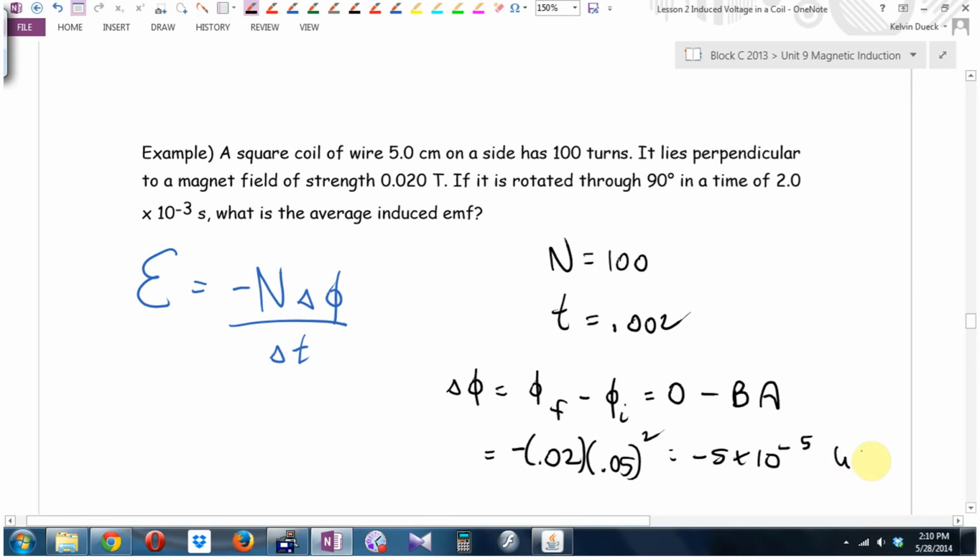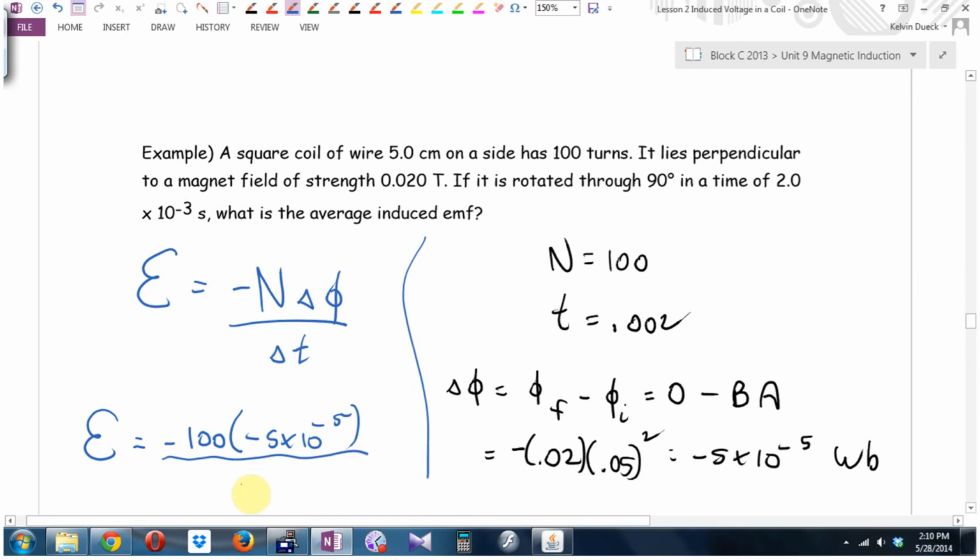Webers. Now I'm into the plug and chug range. Negative 100 times negative 5 times 10 to the negative 5, all divided by 0.002. Again, you'll notice in this case, wonderfully, I get a minus minus, which is a plus.